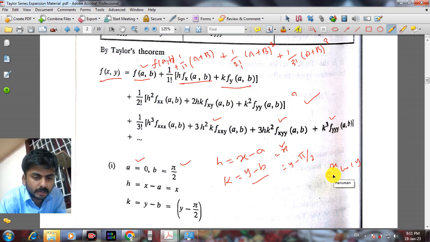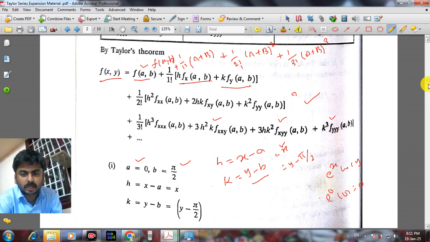We are having e power x cos y as f of x comma y, so in the place of x and y we substitute a comma b, a equal to 0, that is e power 0, and cos y means cos pi by 2, that is cos 90, which is 0. E power 0 into 0 is 0, so our first term will become 0.